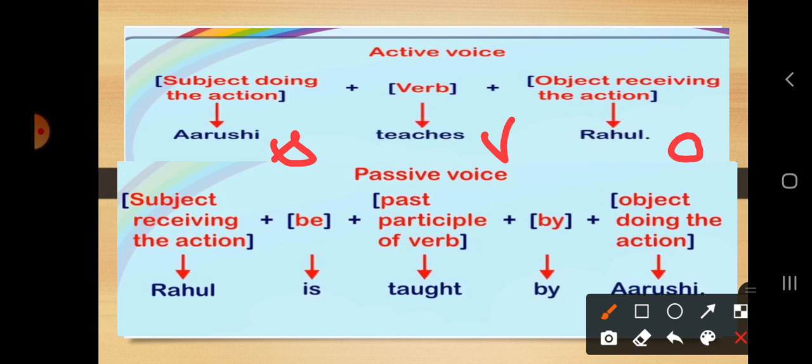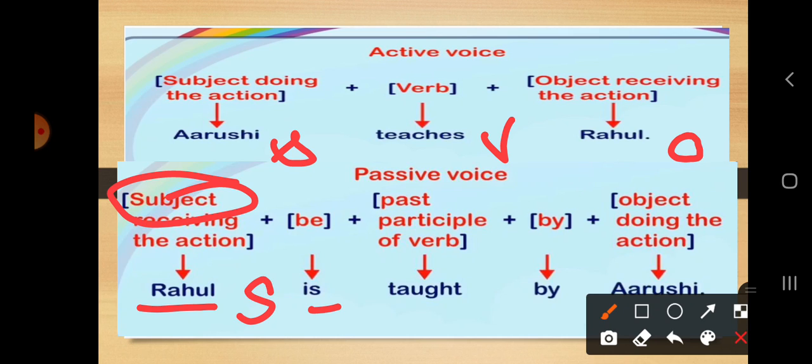Now we will take this receiver of the action to our subject, that is Rahul. Here Rahul becomes subject. Being passive means we need to add some helping verb here according to the subject. If the subject is singular, we have to add a singular helping verb. So here we add is because in the active sentence we have verb's first form plus es.